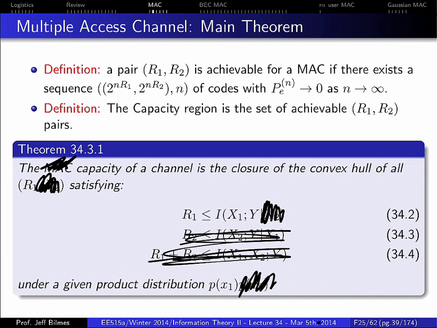So do people see how that's exactly the one-dimensional case? Capacity of a channel is the closure of the convex hull of all rates satisfying, it's just rate less than the mutual information under a given distribution. There we go. There's the one-dimensional case.